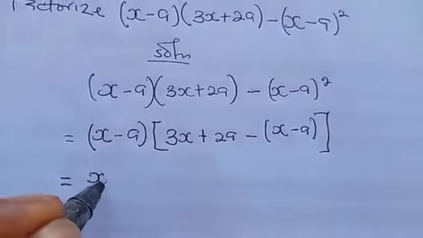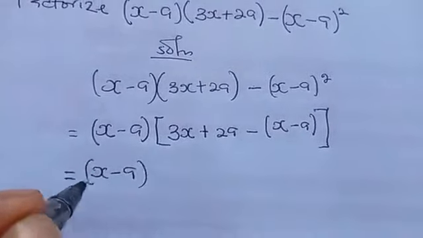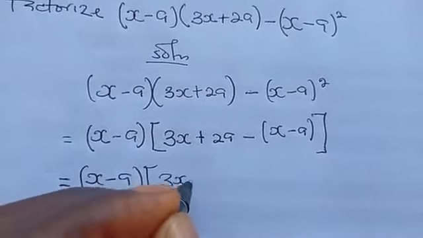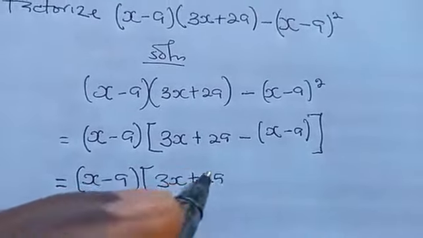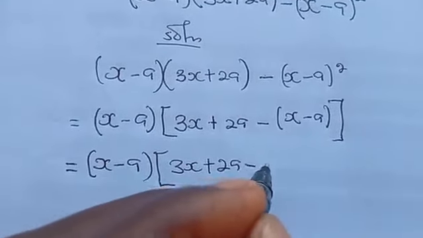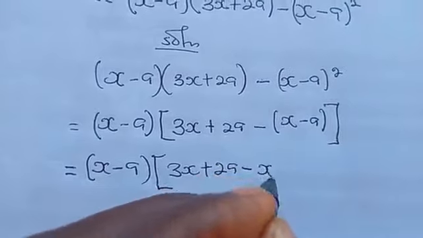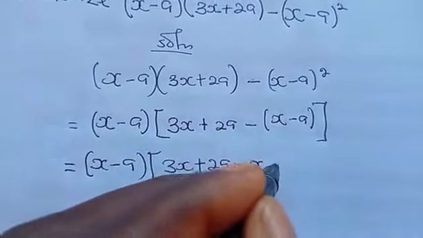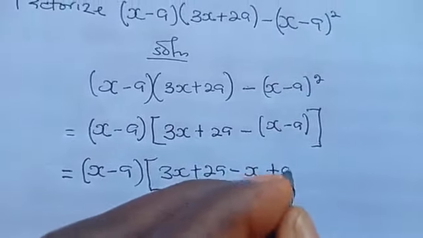So we have (x - a) here into (3x + 2a) minus, we have x, that is minus times x is minus x, minus times minus a, we have plus a.